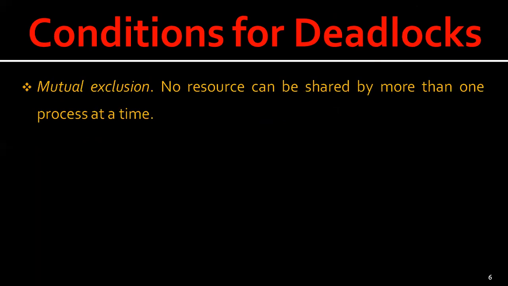What we mean by mutual exclusion is that at least one resource must be held in a non-shareable mode. That is, only one process at a time can use the resource. And if another process requests the resource, the requesting process must be delayed until the resource has been released. This is the first condition.